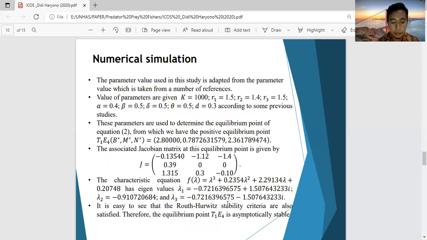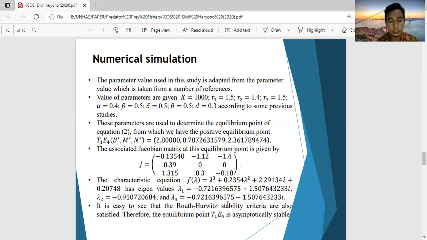The parameter values used in this study are adapted from a number of references. These parameters are used to determine the equilibrium point of equation 2, from which we have the positive equilibrium point T1 A4.